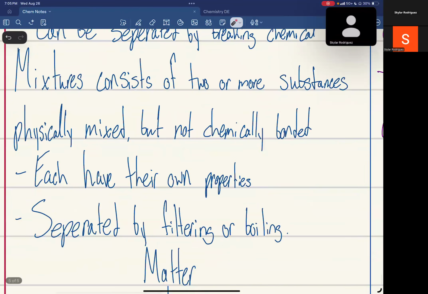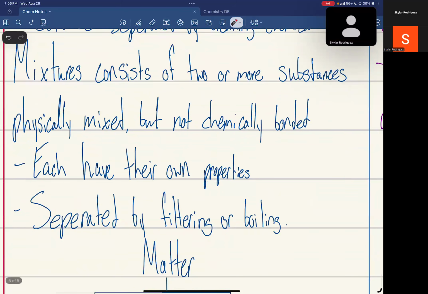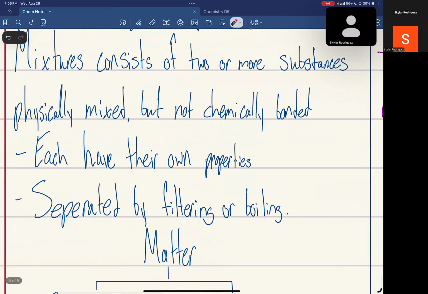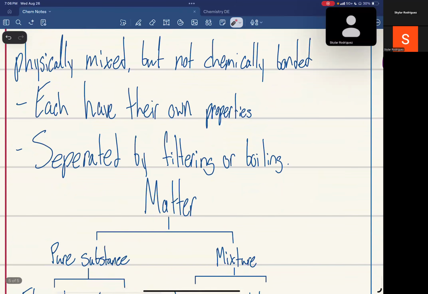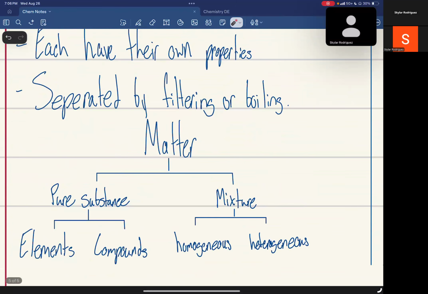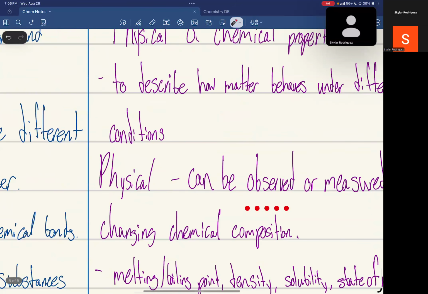Each substance keeps its own individual properties, and you can separate them by physical means such as filtering or boiling. Mixtures then go into two other groups, homogeneous and heterogeneous. And that's a little layout of the full diagram. Let's go back up over here.